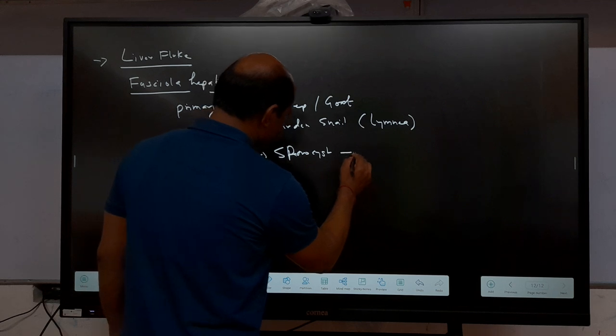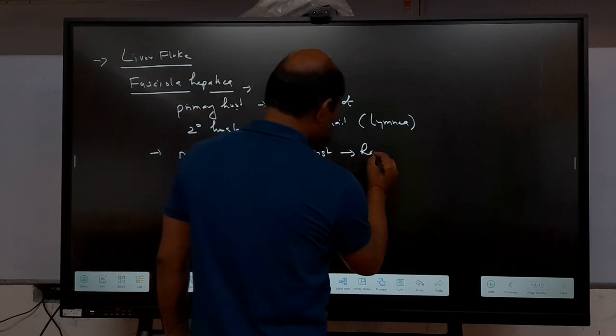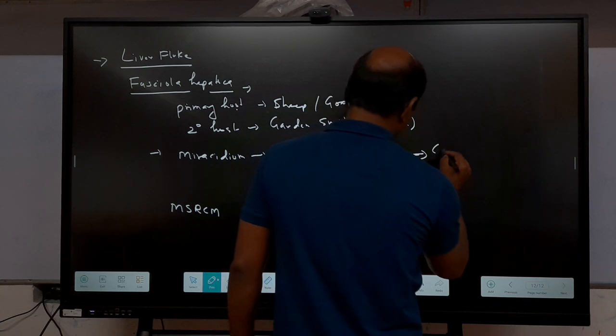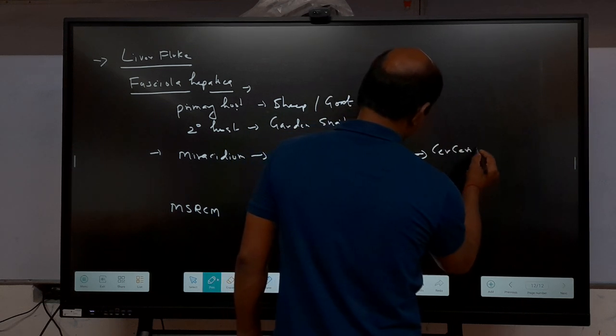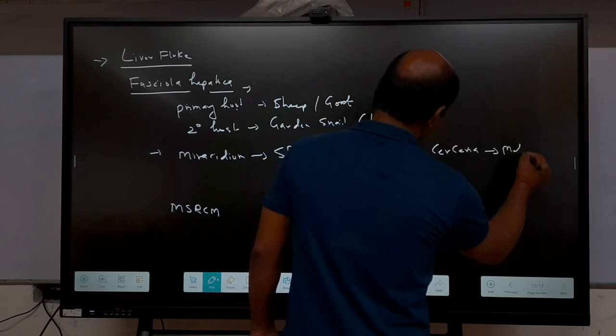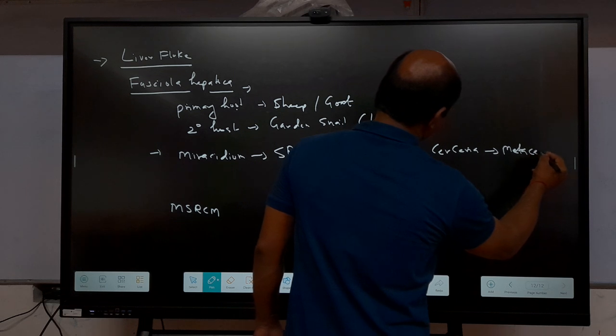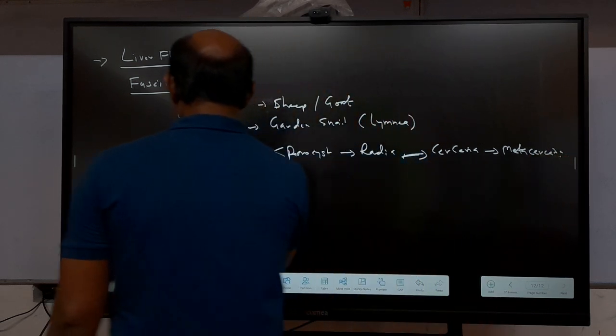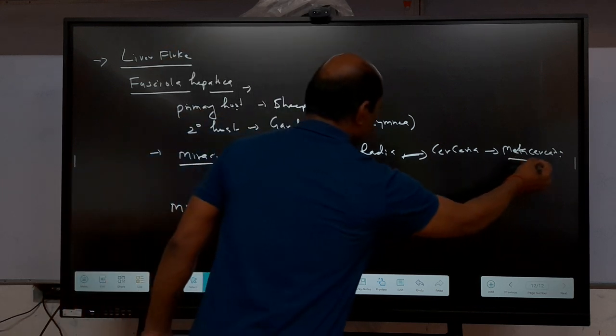R means redia larva, after redia larva, Cercaria larva, and then it converts into Metacercaria larva. So the first is Miracidium larva, the last one is Metacercaria larva.